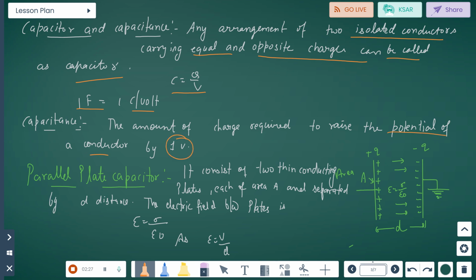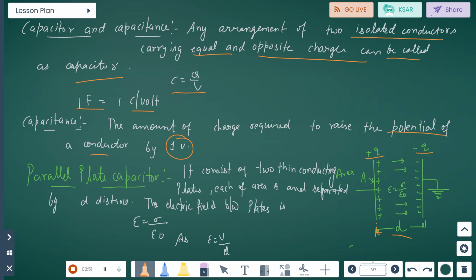Parallel plate capacitor: we have two thin conducting plates, each of area A and separated by distance D, with positive Q and negative Q, and one plate is earthed.